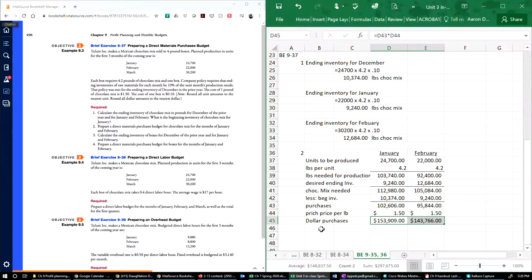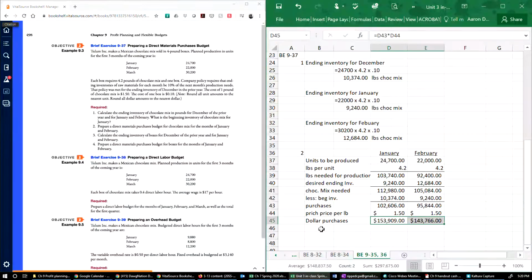Okay, so just like that, 153,909 to pay for chocolate mix in the month of January, 143,766 would be needed in February. Okay, so that's your direct materials purchase budget.